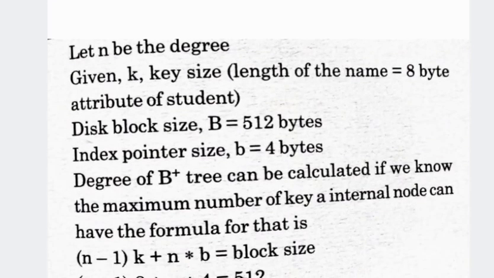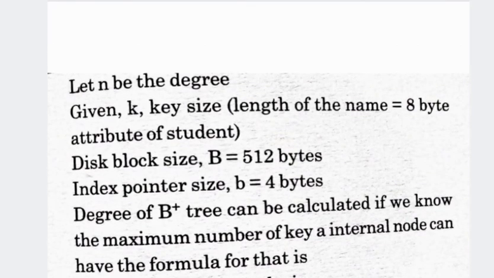It is a very important type of question because most times this type of question is also asked in previous year papers. Here let n be our degree, and the given key size, that is the length of the name, is 8 bytes, the attribute of the student. The disk block size B is 512 bytes, which is already given, and the index pointer size is already given, that is 4 bytes. Now the degree of the B plus tree can be calculated if we know the maximum number of keys our internal node can have.